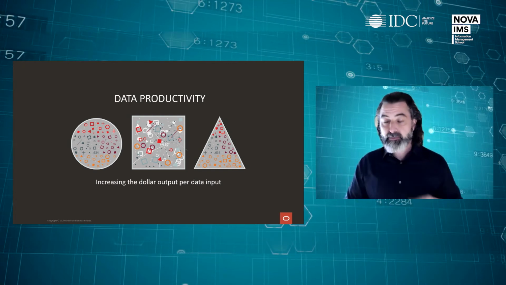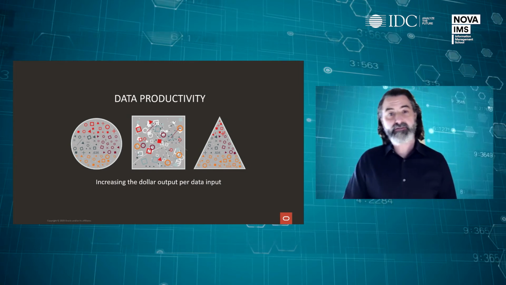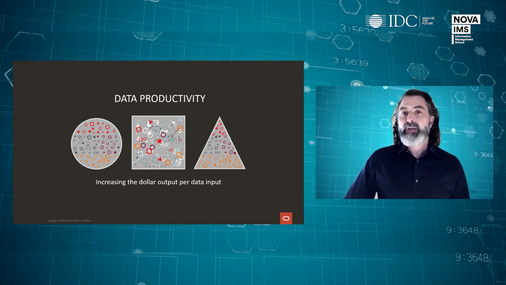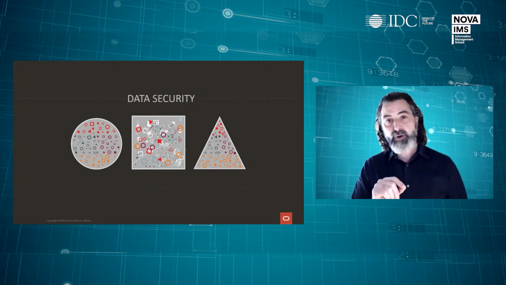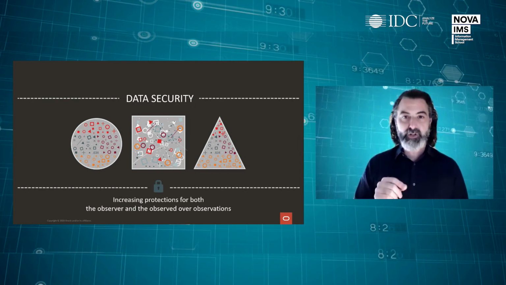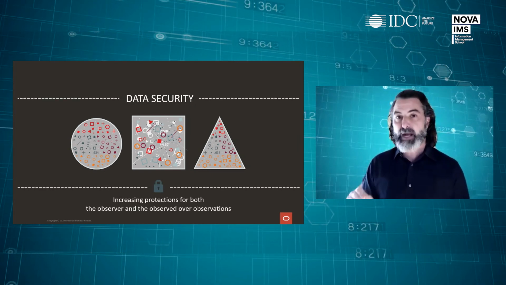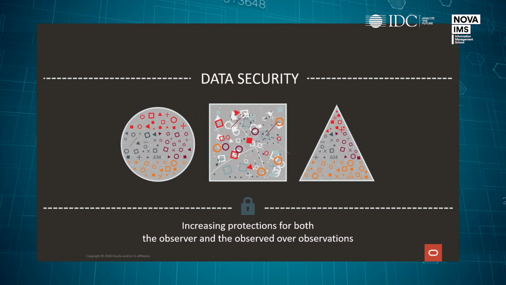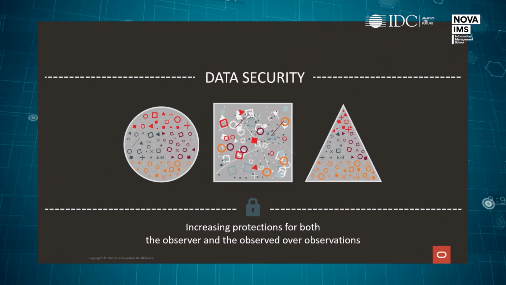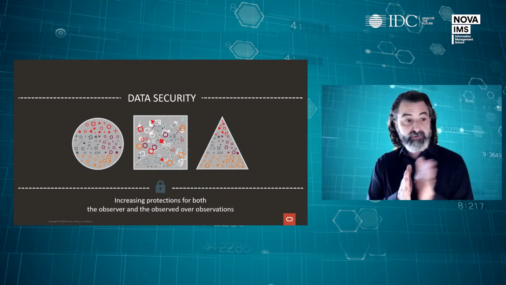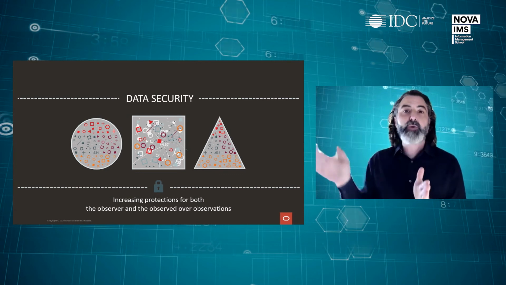But we're not done, because the security of this environment is critical. Now, in this day and age, security means providing protections for both the observer and the observed over observations about them. As we all know, there is an increasing number of regulations governing the rights that data subjects have over observations about them. These must be honored even as data moves from its point of creation to its multiple points of use.